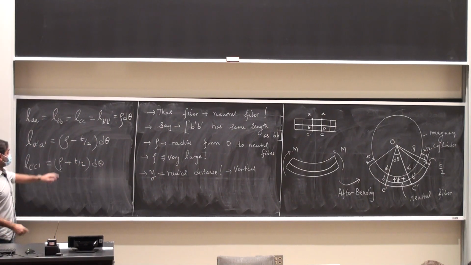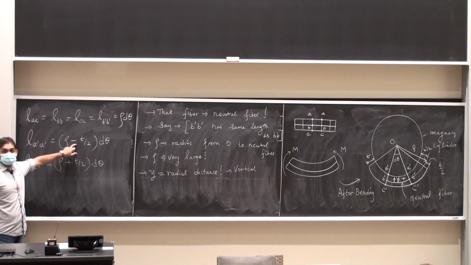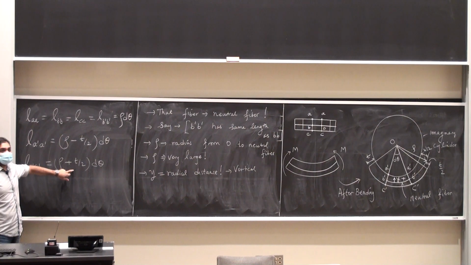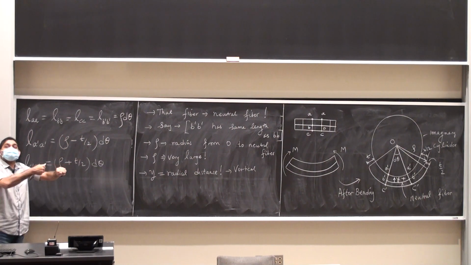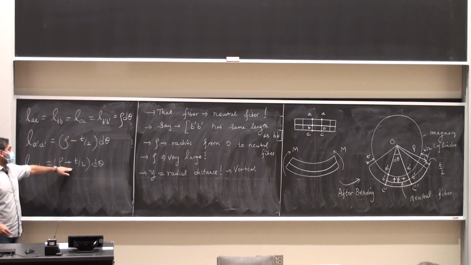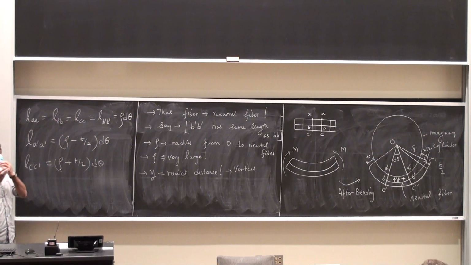You immediately recognize, hey, this fiber has reduced in length, and this fiber has increased in length. So this is undergoing a compressive strain because its length has reduced. This is undergoing an extensional strain or a tensile strain because its length has increased. What is the strain?